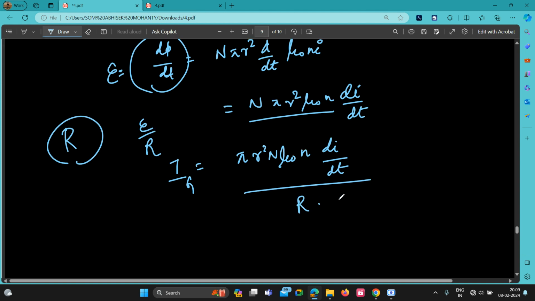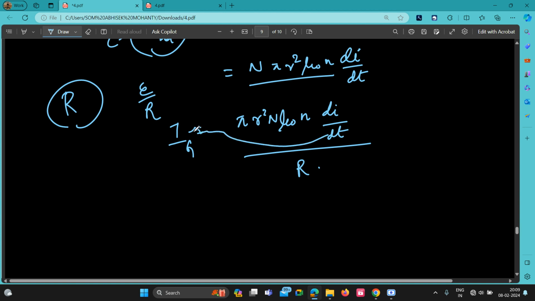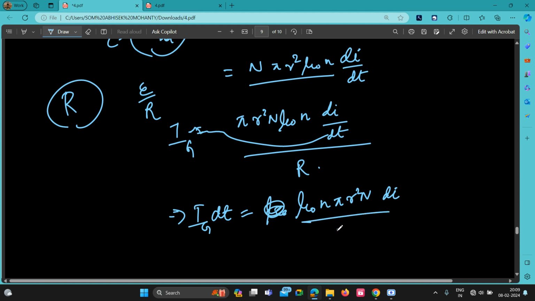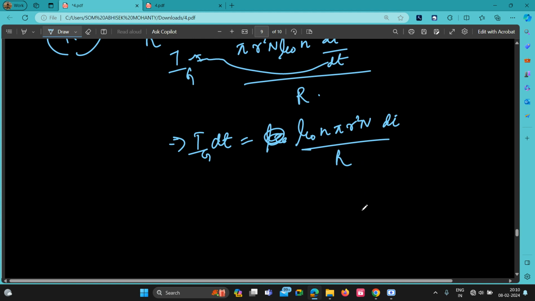Now we take dt to the other side, so Ig dt is equal to mu naught n pi r square N di by R. Is that all right? Now the total charge passed through the galvanometer is asked.